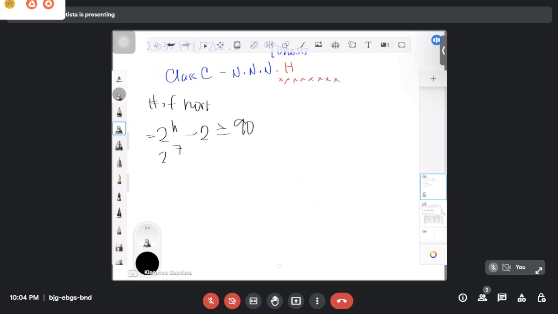So 2 raised to 7 minus 2 is greater than equal to 90. Okay? So, double check lang natin ha. 2 raised to 7 is 128.